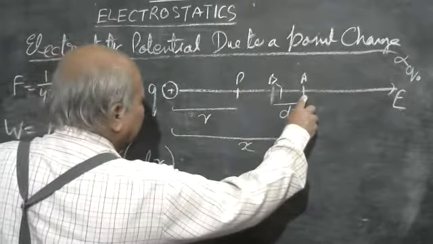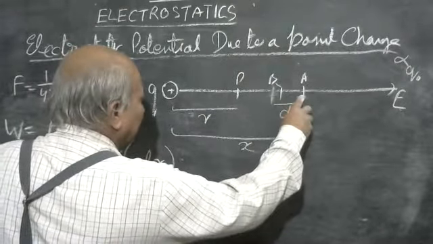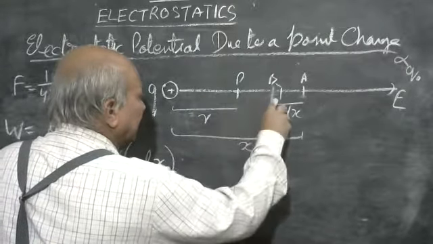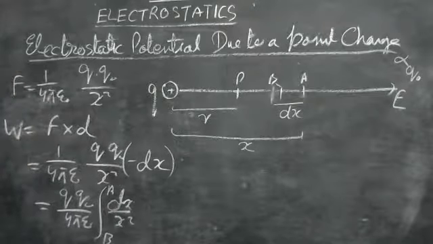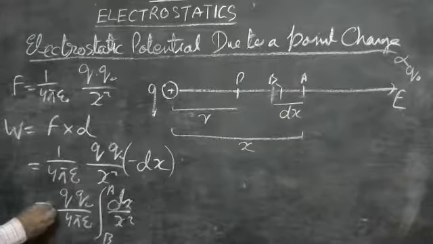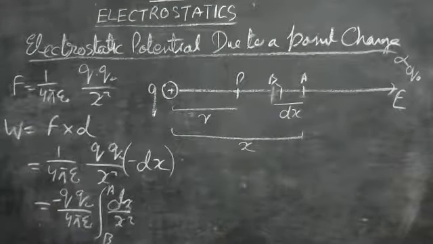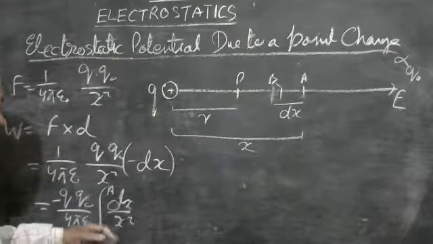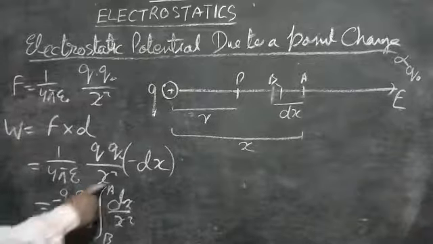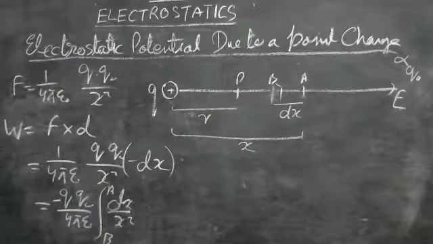Work is done against this charge, therefore we will write minus dx. Now this will be minus q into q naught upon 4 pi epsilon naught dx upon x square, limit B to A.